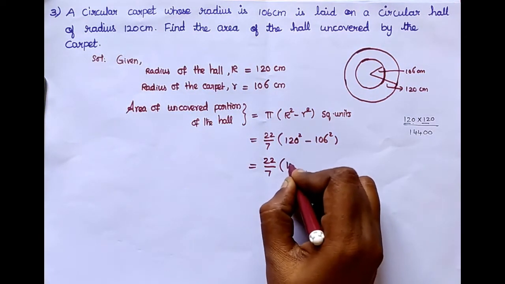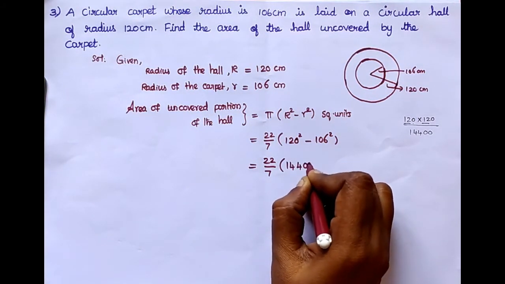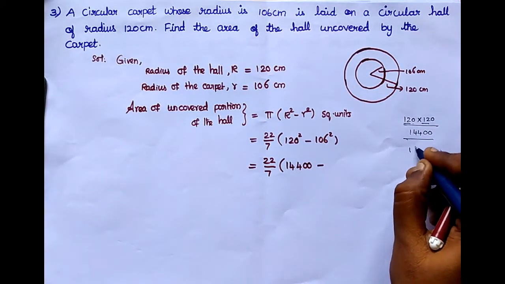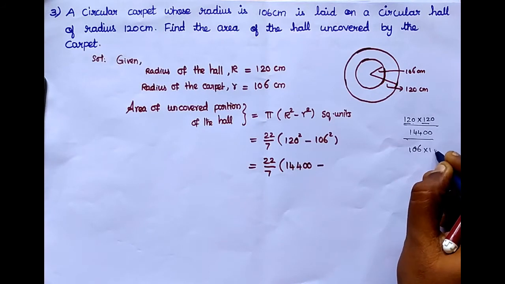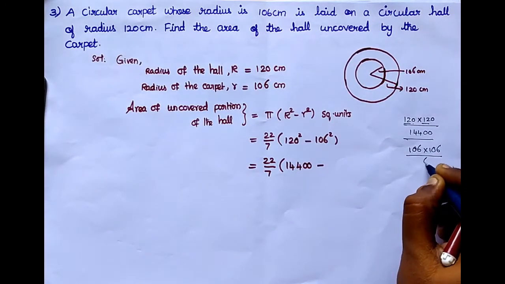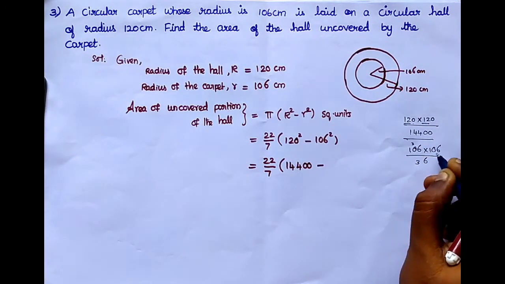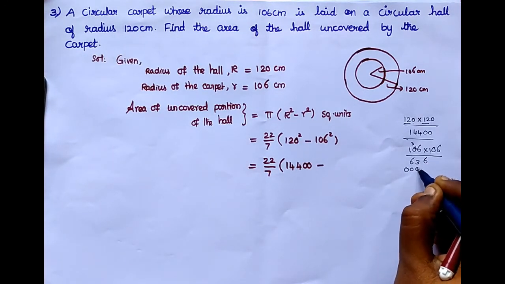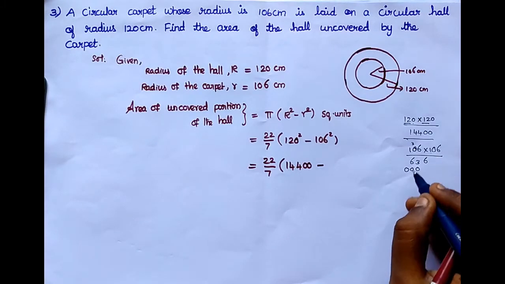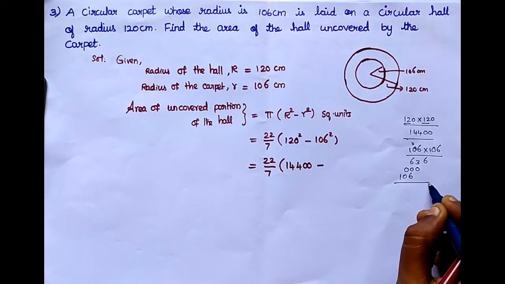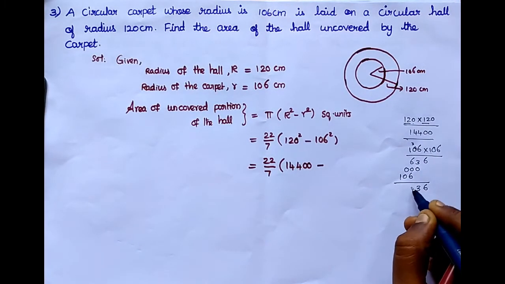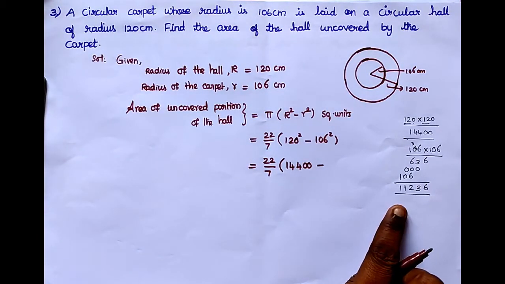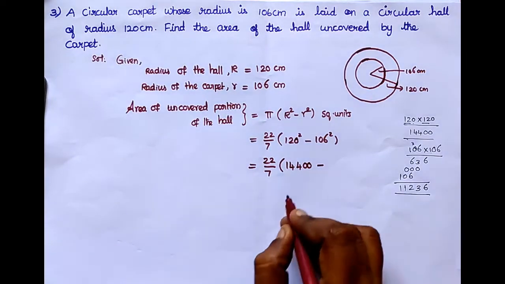So 14,400 minus 106 into 106. 6 6s are 36. 1 6 is 6. 0, and first table, get the same answer. So 11,236.